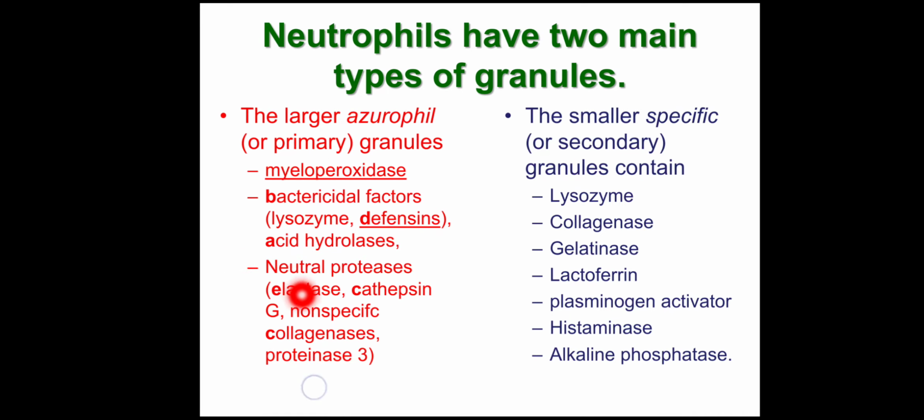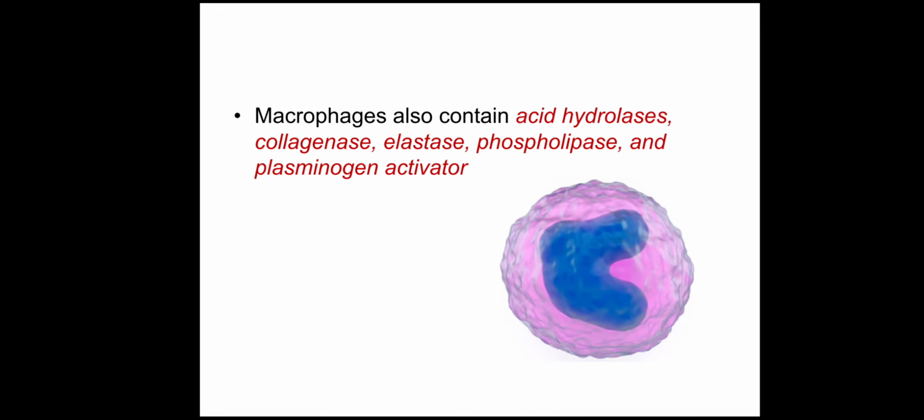You have to learn all these components which are present in the primary granules and also in the secondary granules, which contain lysozyme, collagenase, gelatinase, lactoferrin. All these are microbicidal chemicals which will help in the killing of that microbe. Again, macrophages also contain acid hydrolases, collagenases, elastase, phospholipase inside the lysosomes.